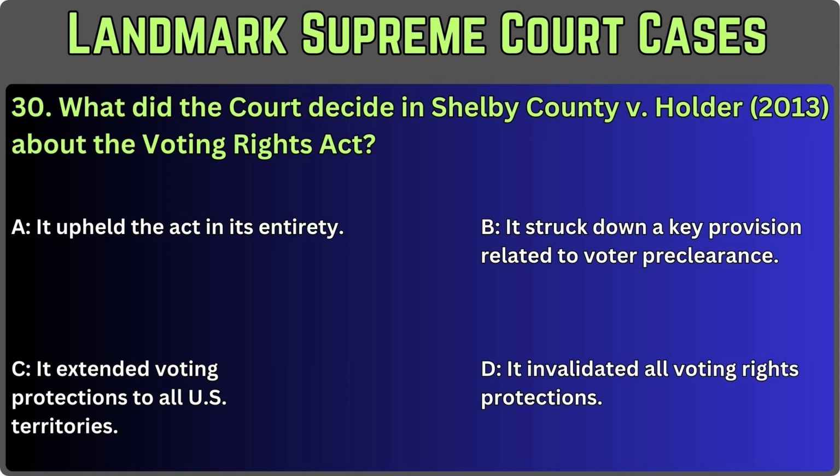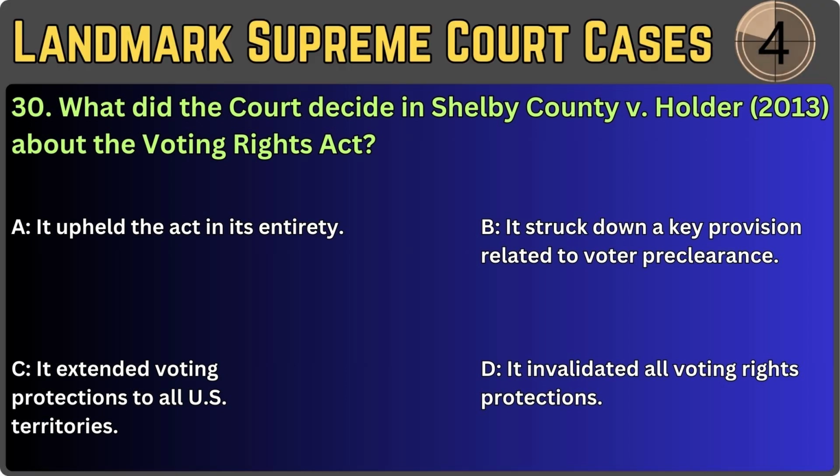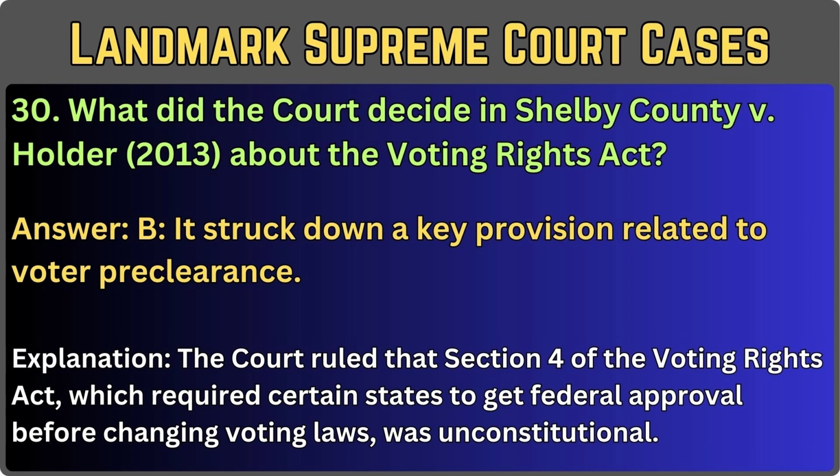D. It invalidated all voting rights protections. Answer: B. It struck down a key provision related to voter preclearance. Explanation: The court ruled that Section 4 of the Voting Rights Act, which required certain states to get federal approval before changing voting laws, was unconstitutional.